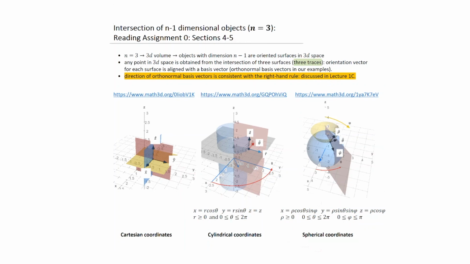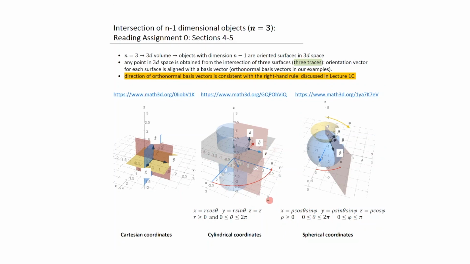If we hold r fixed, that means theta can vary and z can vary, in which case we're looking at this red half plane. On the other hand, if we hold z fixed, that means r can vary and theta can vary, which means we're dealing with this plane, this gray area.